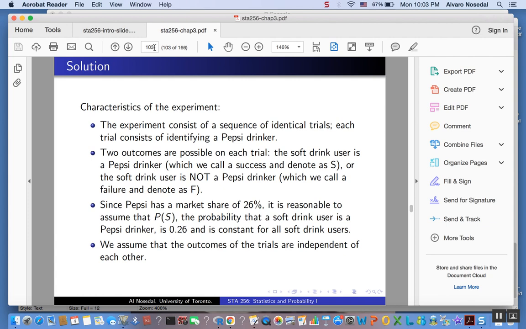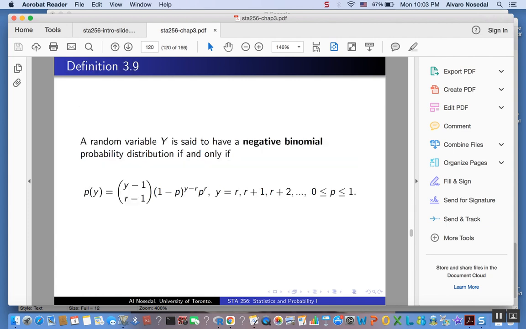I think that what I want is here. Yeah. So see slide 120. There we have the definition for a generic negative binomial distribution.